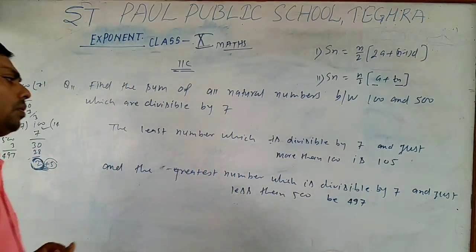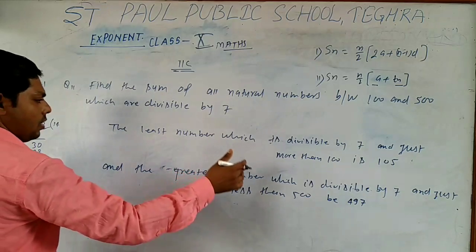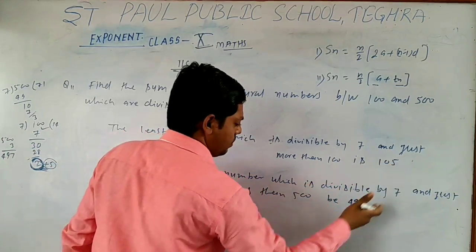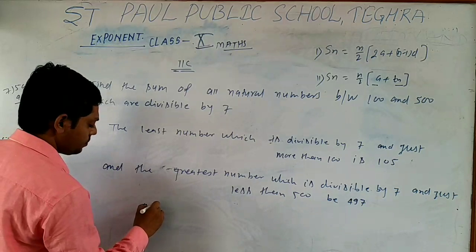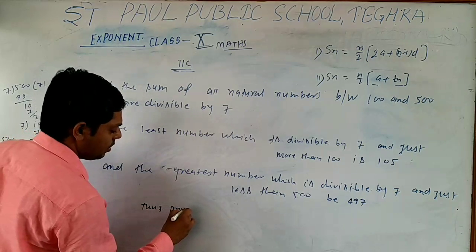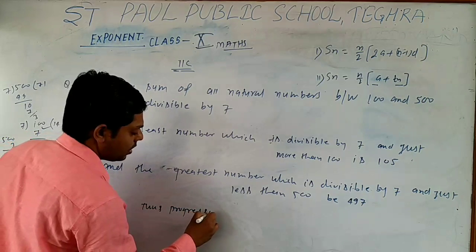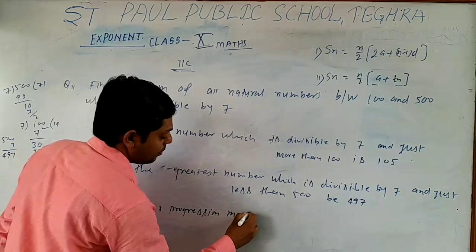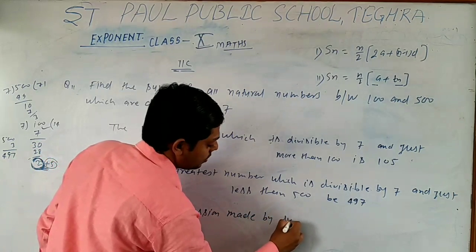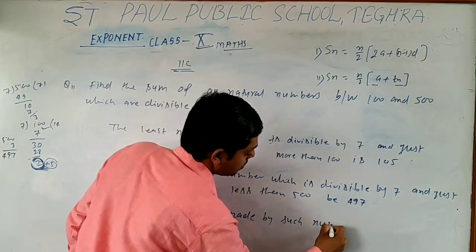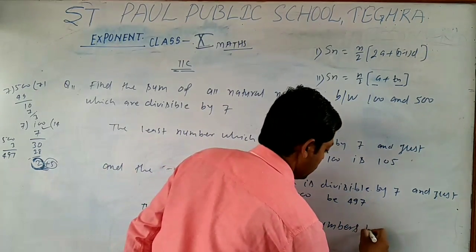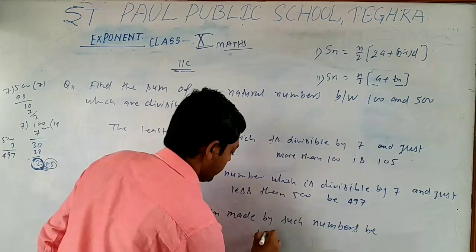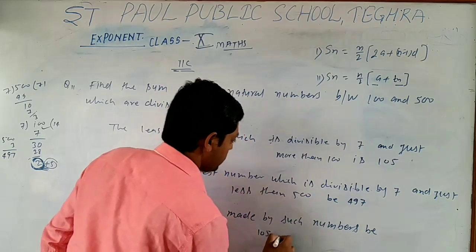So we have to make a progression from 105 to 497. Let the progression made by such numbers have 105 as the least number and the common difference 7.